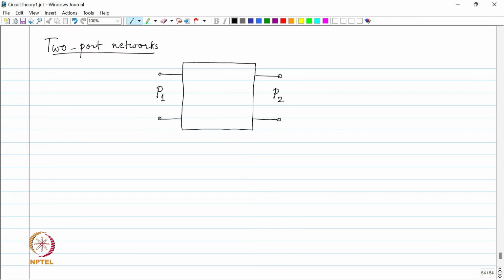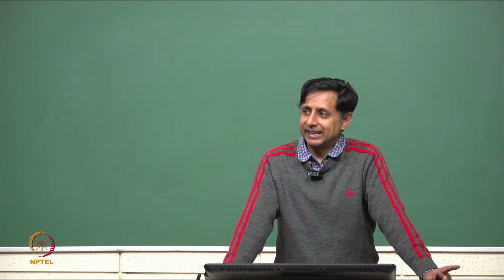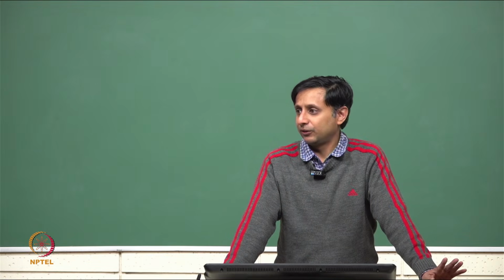The network has all LTI circuit components, right, R, L, C, M. It can also have controlled sources, voltage controlled and current controlled voltage or current sources, or both, right. But the network does not contain any independent source.